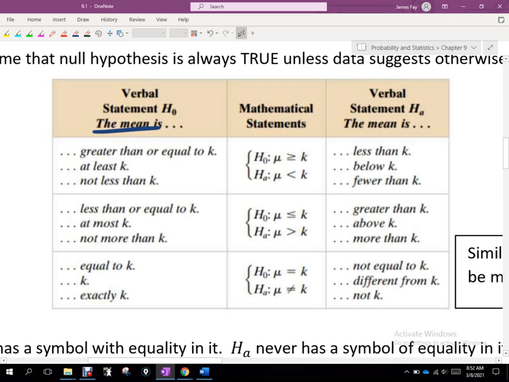What we're trying to do is take sample data and make a conclusion about the population. Remember, statistics are the numerical quantities attached to samples, so we're going to take statistical data and see if it can tell us something about the parameter, the numerical quantities attached to the population.